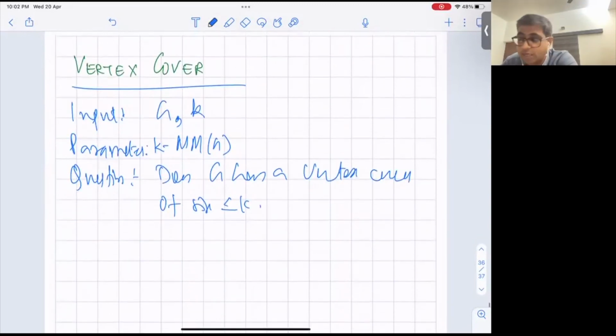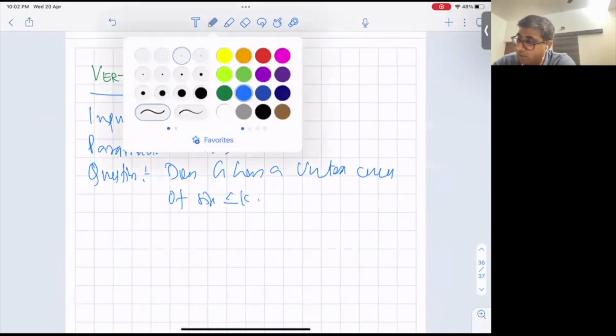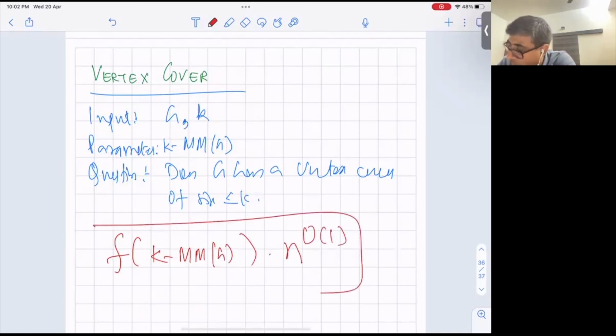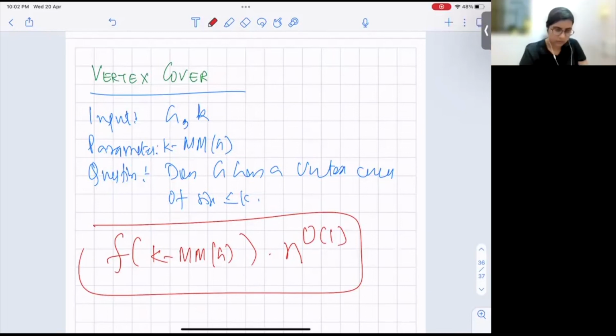And what is the running time we wanted to expect? Some f of k minus maximum matching of G, times n to the power big O of 1. Didn't we talk about this question before?